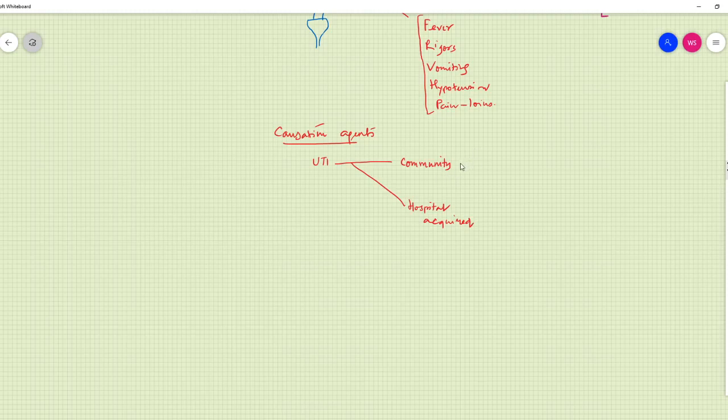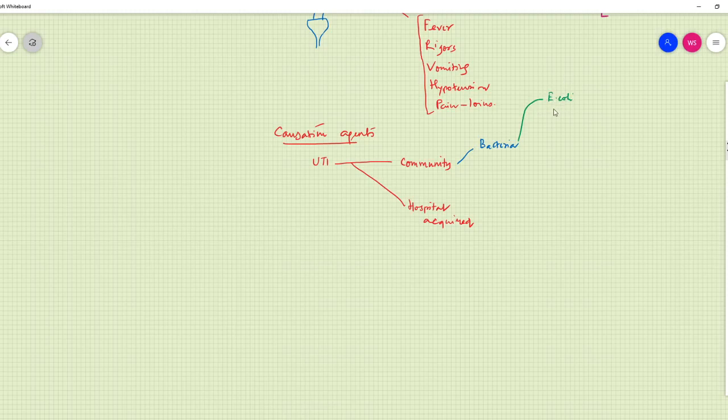From the community, it can be spread by infectious agents like bacteria. What could be examples of bacteria? The most common is contamination from fecal matter, and usually the organism involved is E. coli.